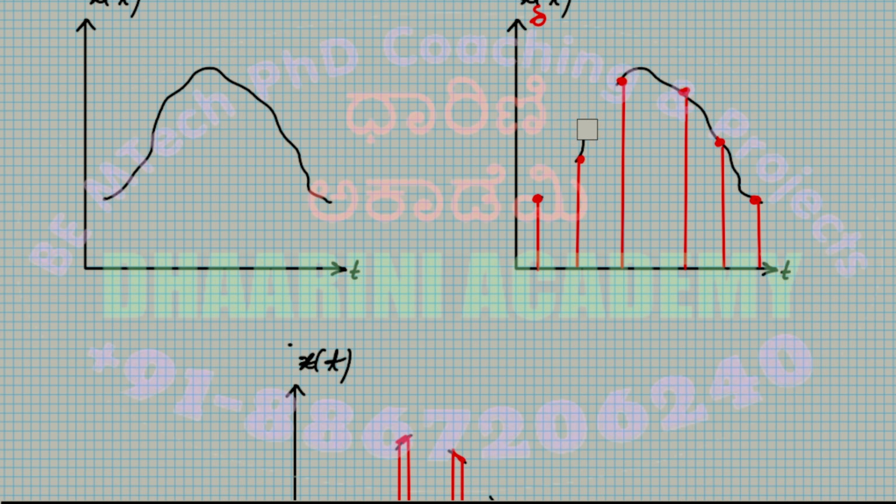At the very moment, whatever amplitude we had in the original signal should be coming at the output. This is what we expect. That is x delta of t. Now we don't get that.